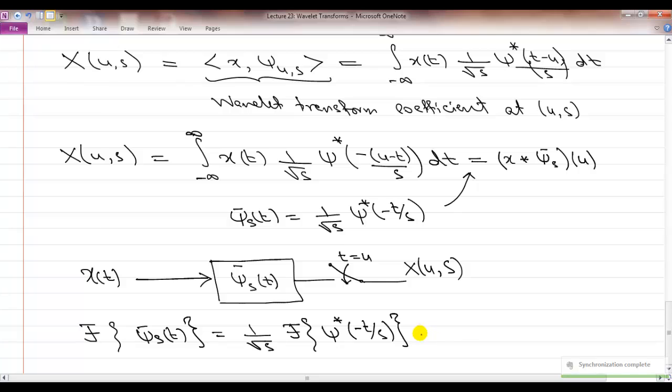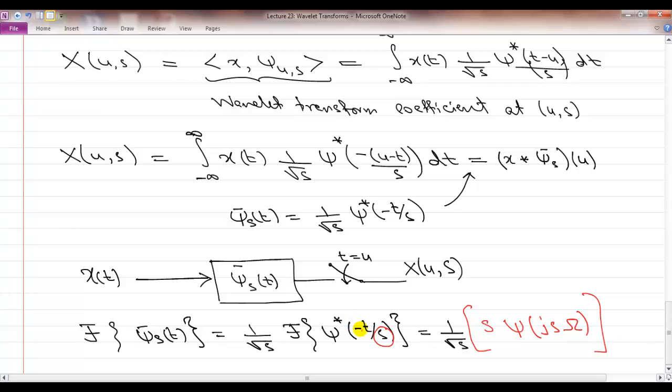And that is simply equal to, if you remember the properties, one we have already done: because of this scale, I just get a factor of s outside, and I get psi of j s omega.